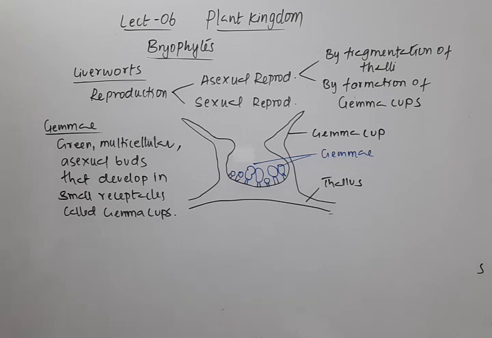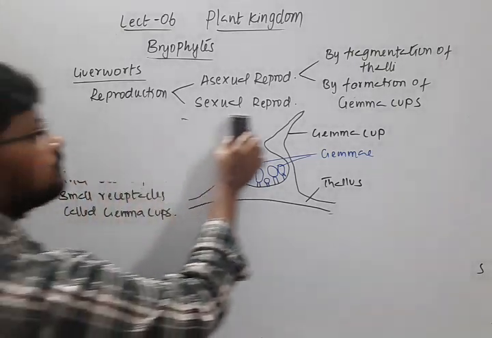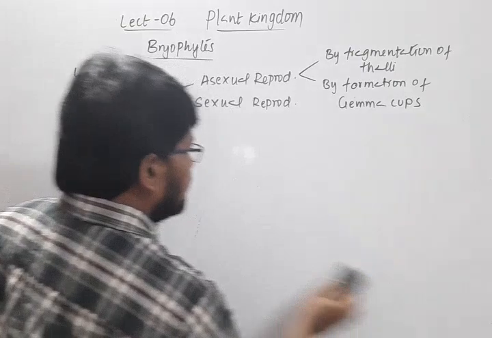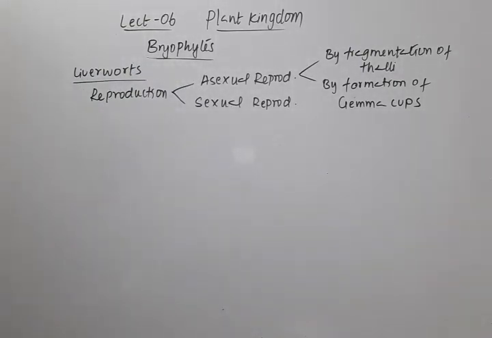Then coming to the sexual mode of reproduction. In the case of sexual reproduction, there will be sexual organs. The reproduction will be by formation of male and female gametes, and those gametes will develop inside the sex organs, that is, the male sex organ and female sex organs.